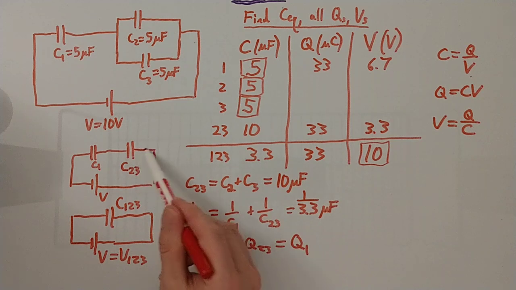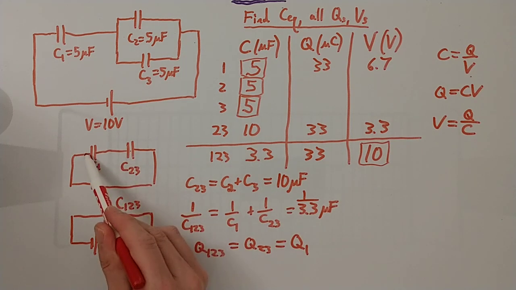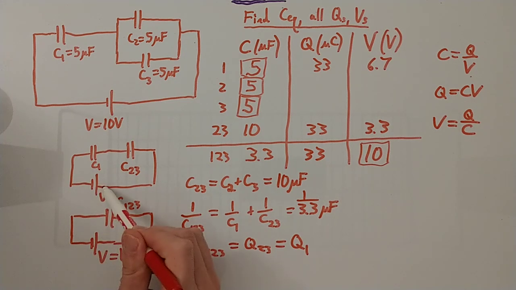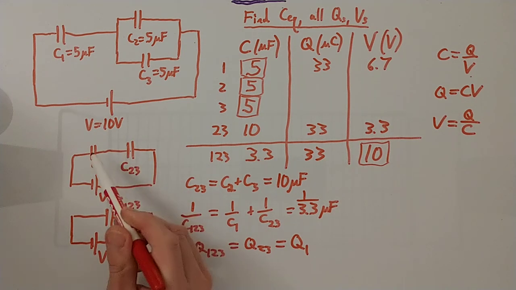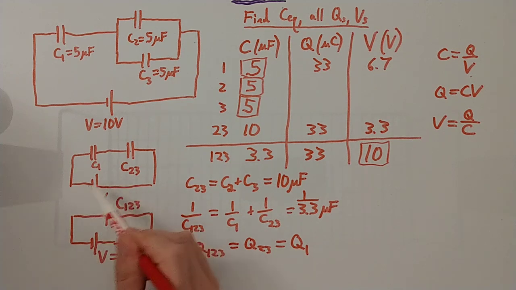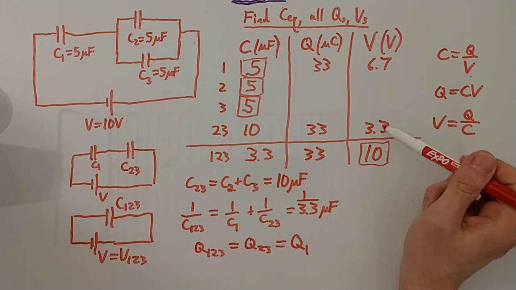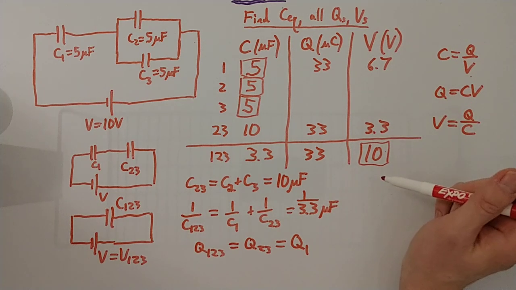So if I went 3.3 across this one and 6.7 across this one, I end up back down at 0, and then I'd go back up 10, and then down 3.3, down 6.7. So it makes sense that these two add together, because the potentials need to add together for a series circuit.